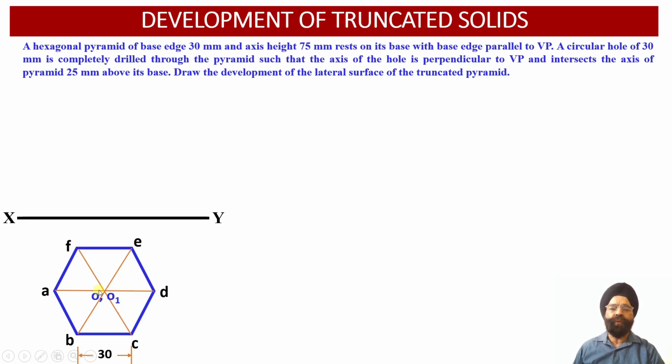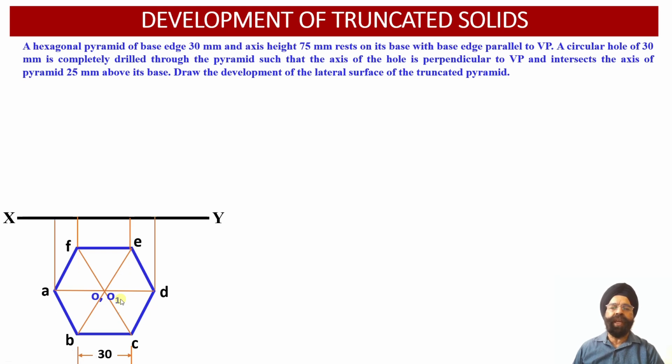Wherever these three diagonals intersect each other, we obtain the location of the axis points O and O1 in the top view. Point O corresponds to the apex point on the axis, whereas point O1 refers to the axis point lying on the base of this hexagonal pyramid.